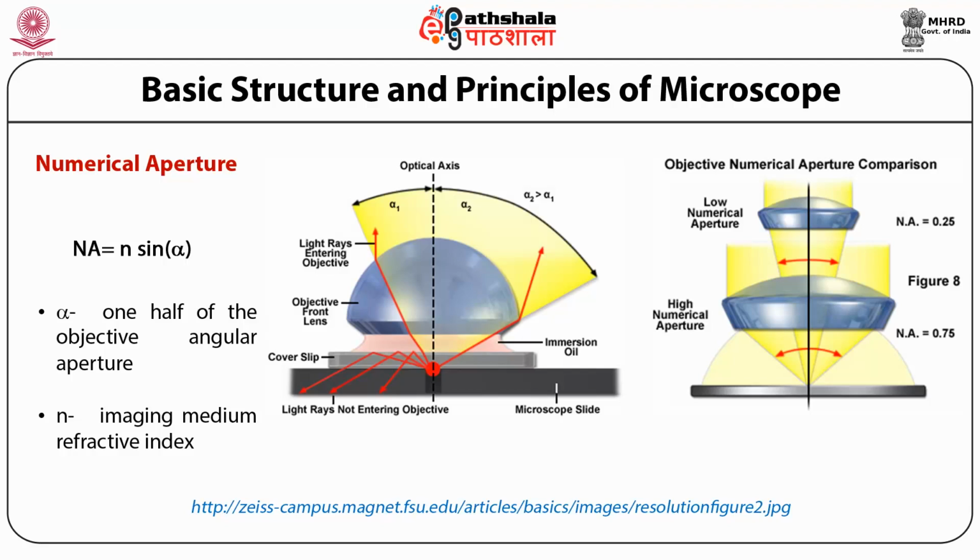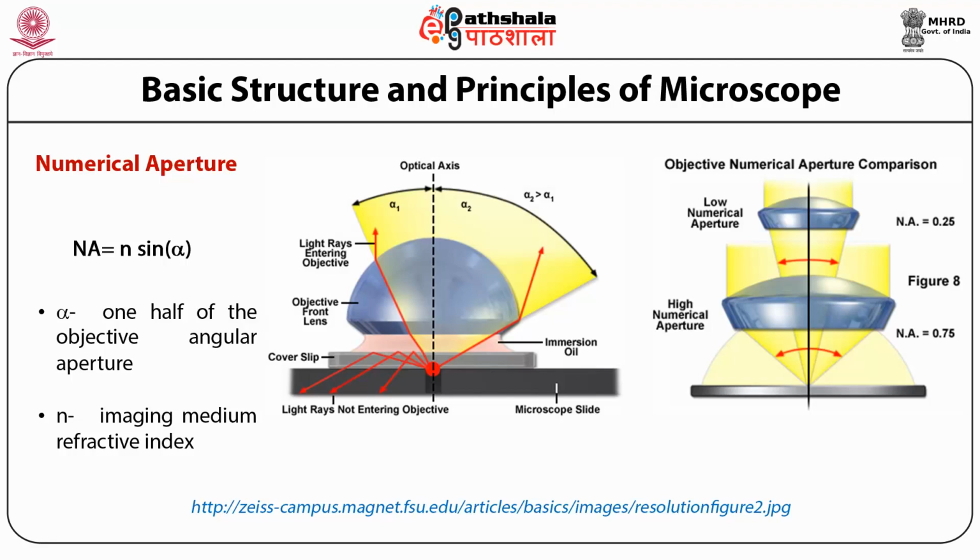That's why in higher objectives we prefer to use the immersion oil instead of air, which has a very poor refractive index. Thereby a lot of diffraction happens, and instead of concentrating the signal back to the objective lens, the signal tends to spread out, and that affects the angle through which this light can enter into the optical axis.